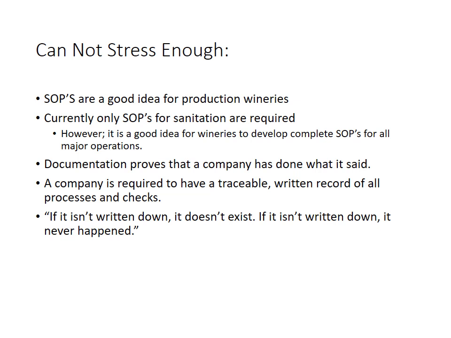Currently, SOPs are only required for sanitation, but realistically, if an FDA inspector shows up and you pull out your folder, or open up your Google Doc, Drive Doc, or your laminated folder that says these are all of our SOPs, and you show that you're being active and proactive in making sure that your winery has some standard operating procedures, that will go a long way towards them building trust with you that you're doing the right thing, because then they know that what you're doing has been thought out. And then documentation proves what you have done and what it said.